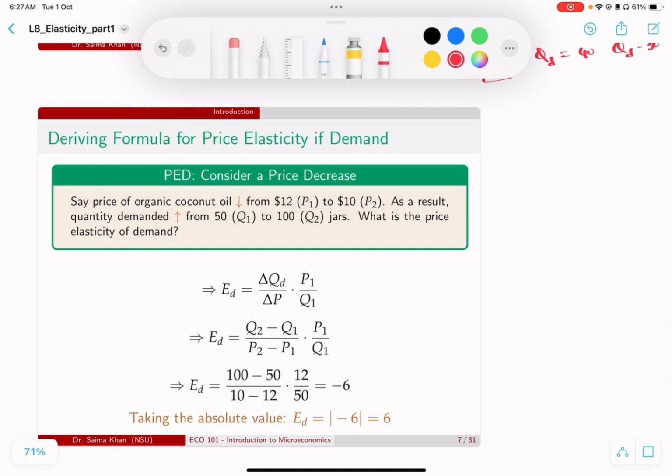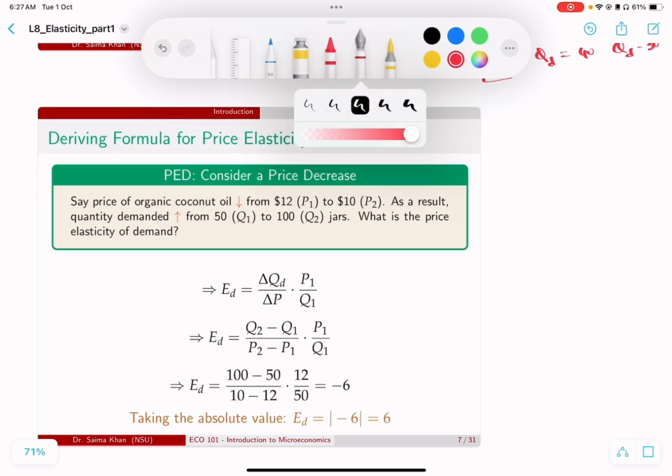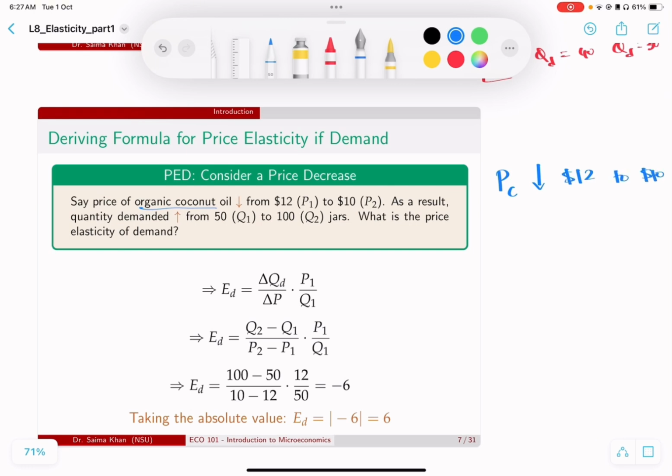Okay, so let's actually try and use Formula 2 in order to determine the elasticity. What is this case telling us? We're being told that there's a price decrease. The price of coconut oil is falling from $12 to $10, okay?